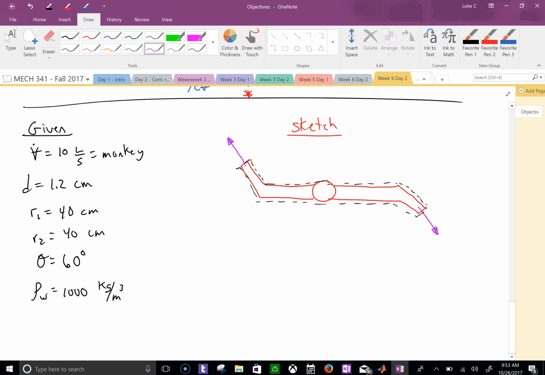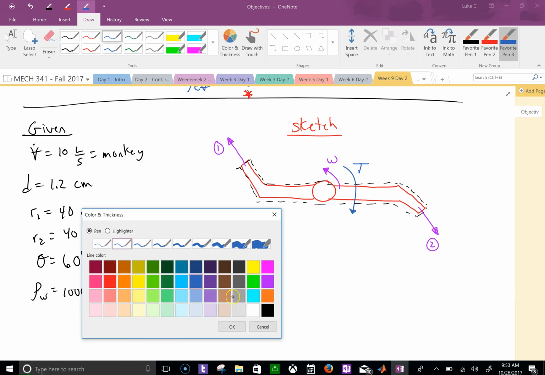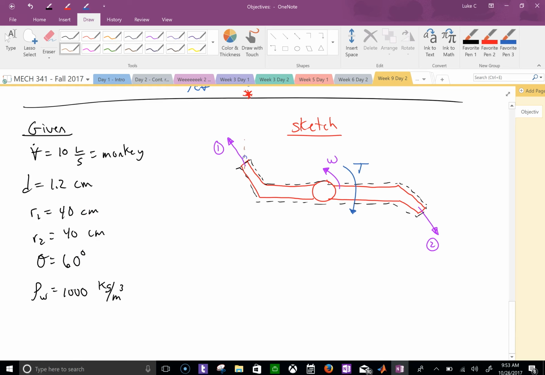So we're going to label this point 1, this point 2. It's spinning this way. And we're going to define initially a torque, T, that way. And let's do brown. Call this theta 1 and this theta 2.